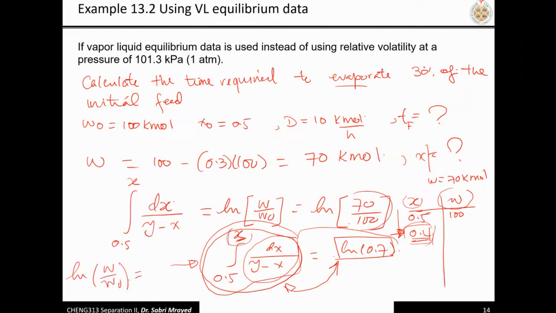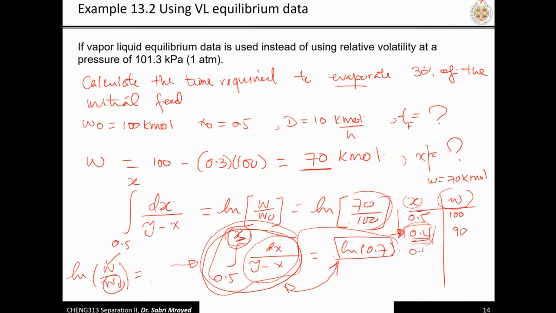Once I know x, I can get the integration, and since I know W0, I can get W. Let's say it's going to be 90. Should I continue or stop here? No, I still have to go a little further because my W must be 70.